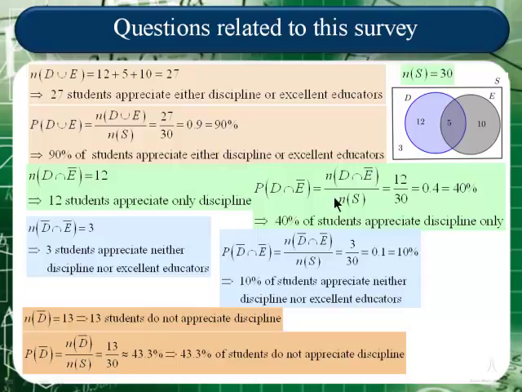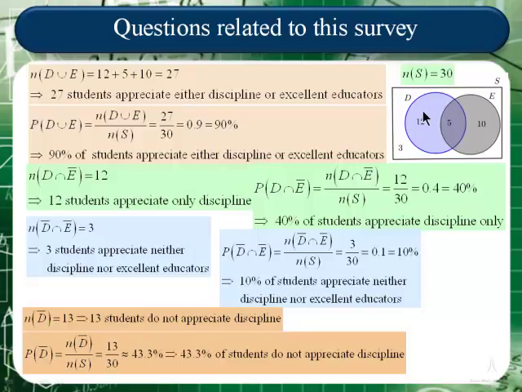While the number of students not appreciating excellent educators, which we can write as N E complement, will be 3 plus 12.